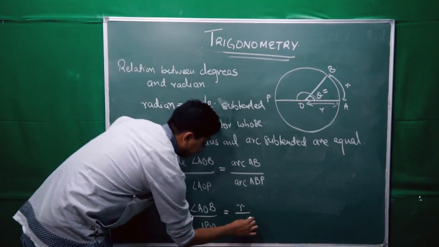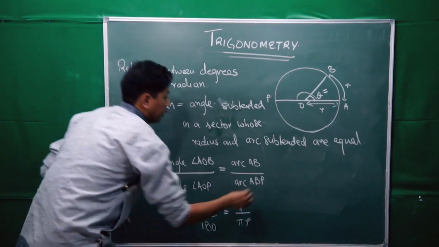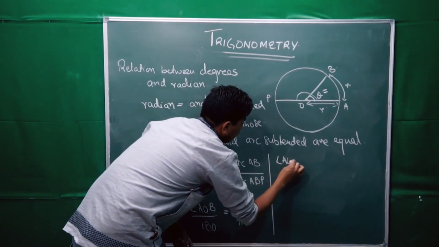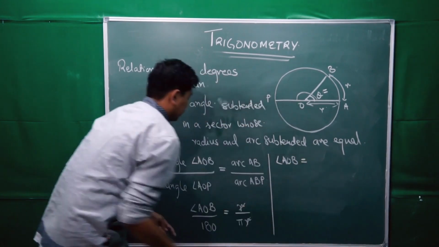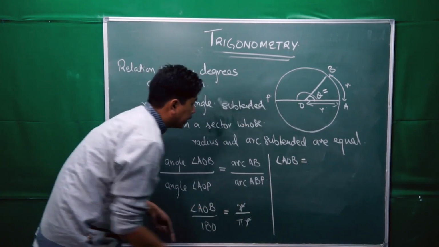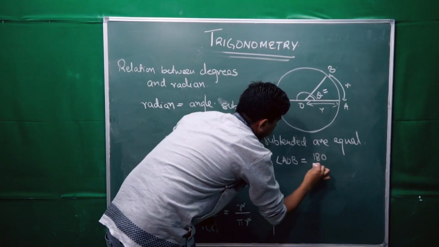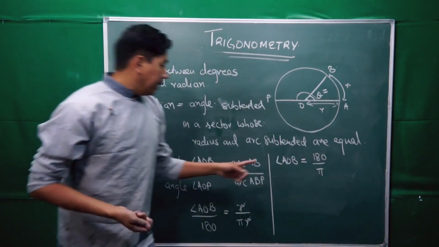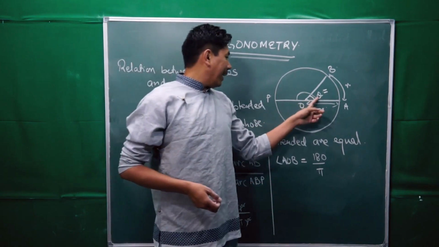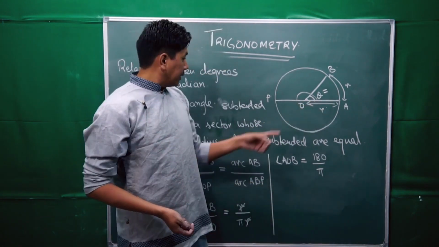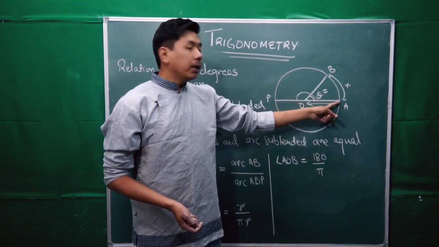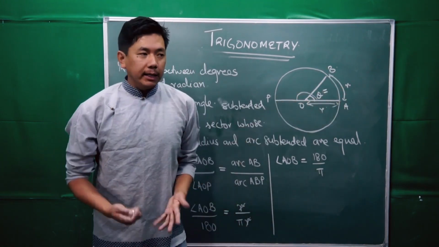Okay. Now radius cancels out, and from here we have angle AOB is equal to 180 upon pi. Now this angle AOB is the angle such that it is a part of a sector where the arc is equal to the length of the radius as well.